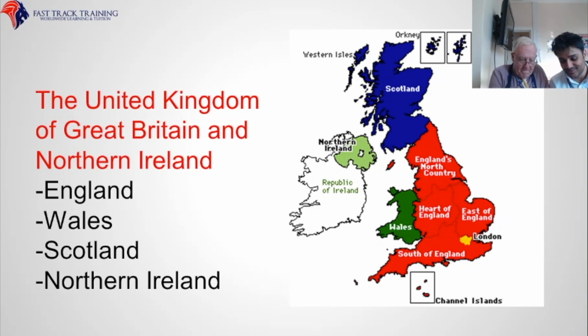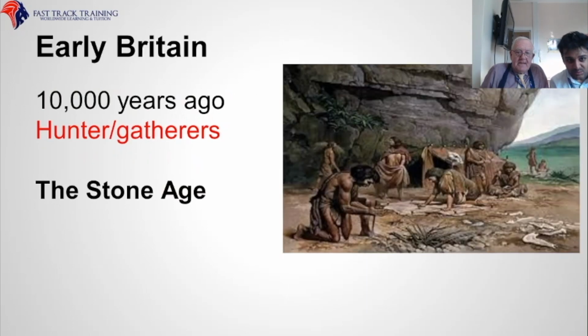Let's go. So, early Britain, 10,000 years ago, the people living here were mainly hunter-gatherers, and the period they lived under is called the Stone Age, simply because the tools and implements they used were made of stone, for hunting animals.